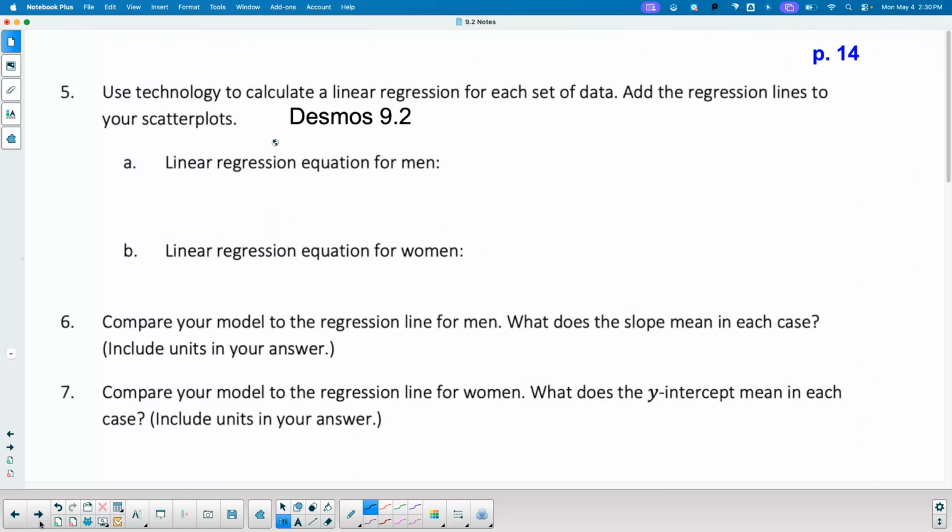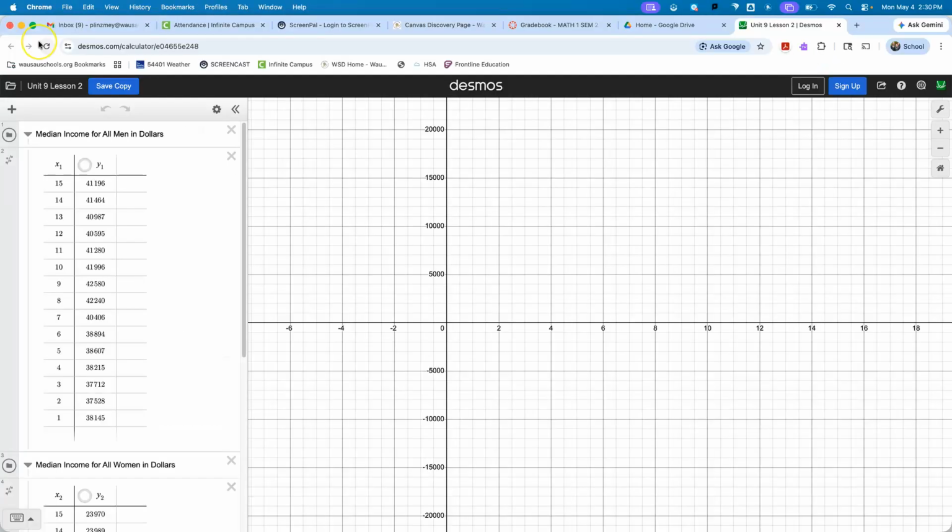Line slope intersection. Now, how to do this on technology will be the next one. I'm not going to have you get it out because there's a lot to input and all that fun stuff. But I'm going to show you how to do it, so I would expect you to take some notes on it. I'll get rid of the men's because we were just dealing with the women's.